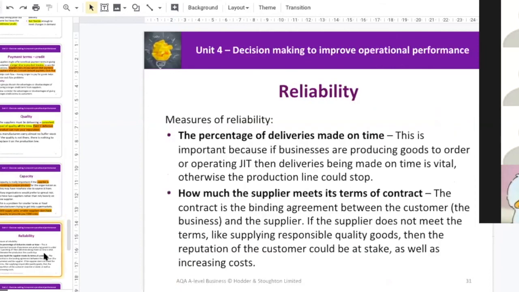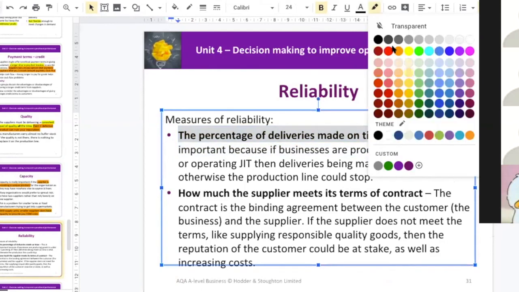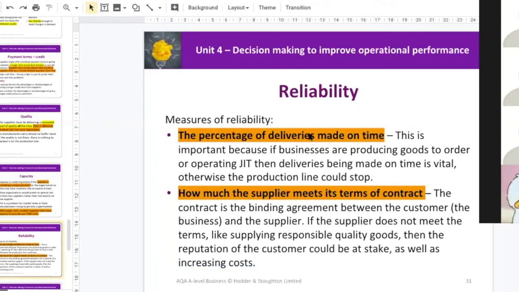Okay, the second last point, reliability. We're just looking at those 2 points highlighted in black. Delivery: do they deliver their supply on time?